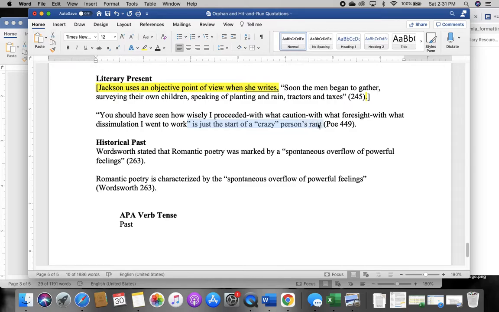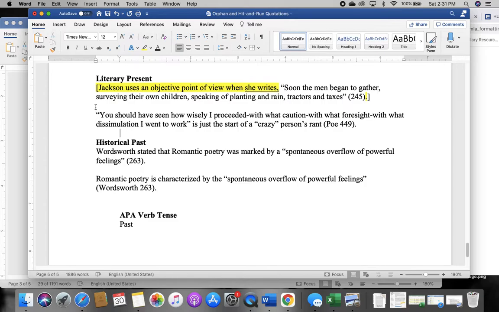And then they chose to put, it's not a signpost, I mean, it's kind of a signpost, but it's not really a signpost so much as contextual information, which a signpost can be, but here it's not acting as a signpost. It's just contextual information. And then they're doing this correctly by adding Poe's last name and the page number, no punctuation necessary, and that's correct.